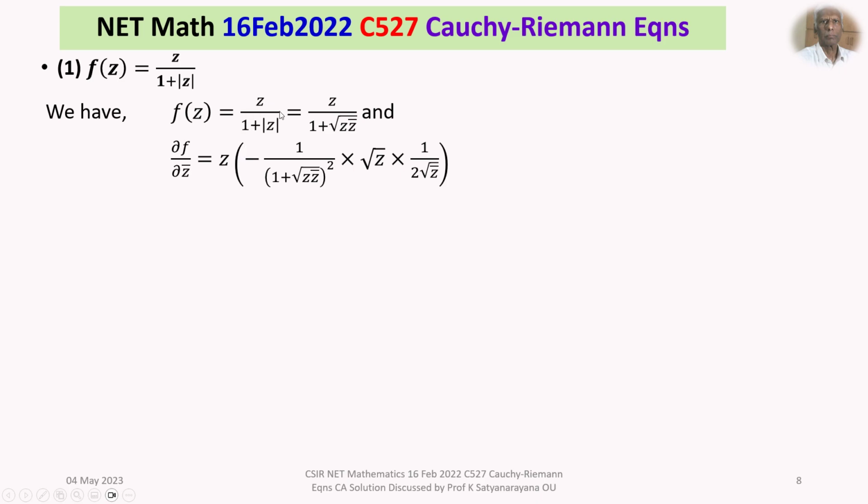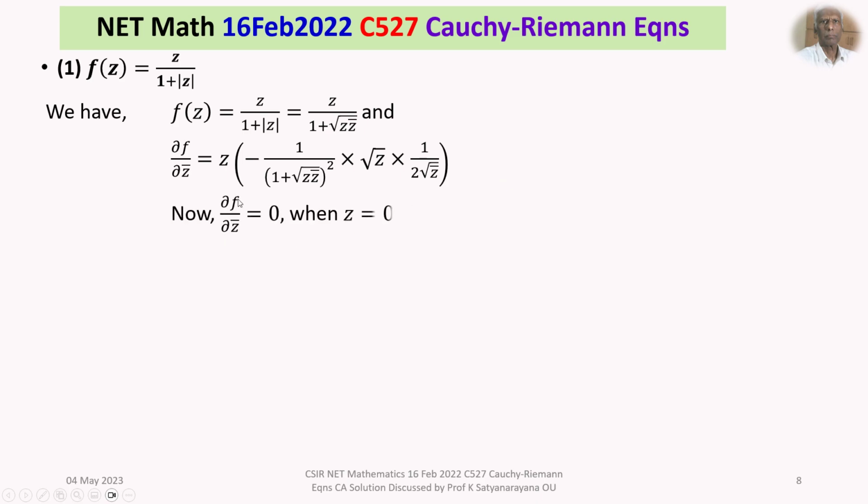So z into the derivative of 1/(1 + √(z z bar)), that is minus 1/(1 + √(z z bar))² into the derivative of √(z z bar), that is root z comes out, and the derivative of root z bar with respect to z bar is 1/(2√z bar).